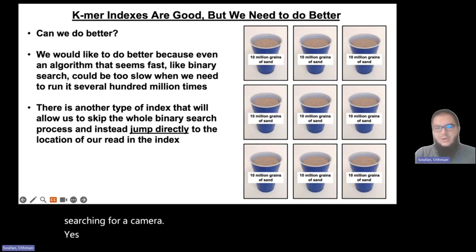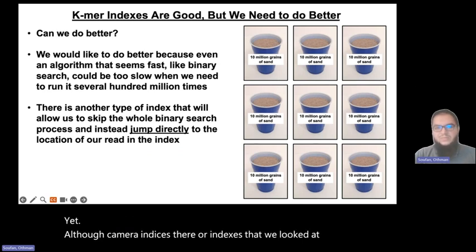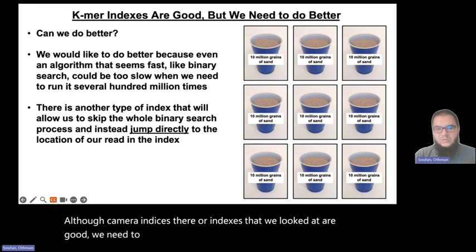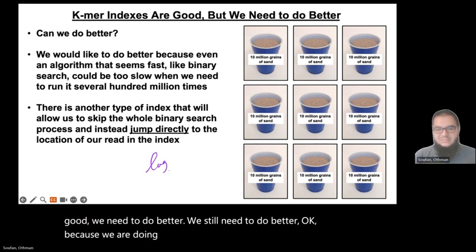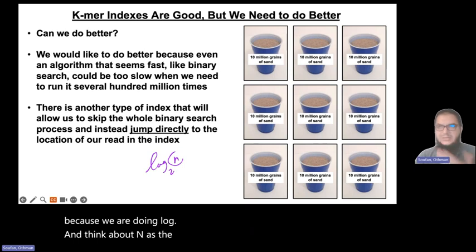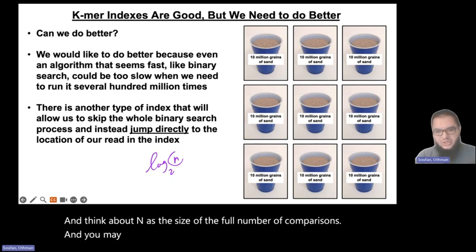Yet, although the k-mer indexes that we looked at are good, we still need to do better, because we are doing log n. Think about n as the full number of comparisons, the size of the genome.